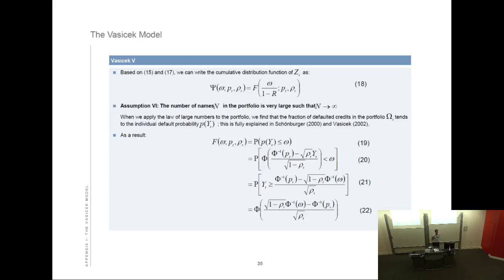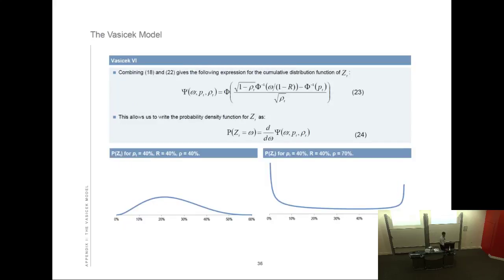And since the default probability as a function of the market factor is just a function of the normal distribution, we can rearrange terms in there and again come up with a function that is just iterated functions of normal distributions. And that final function there is just the distribution function of losses of our portfolio.